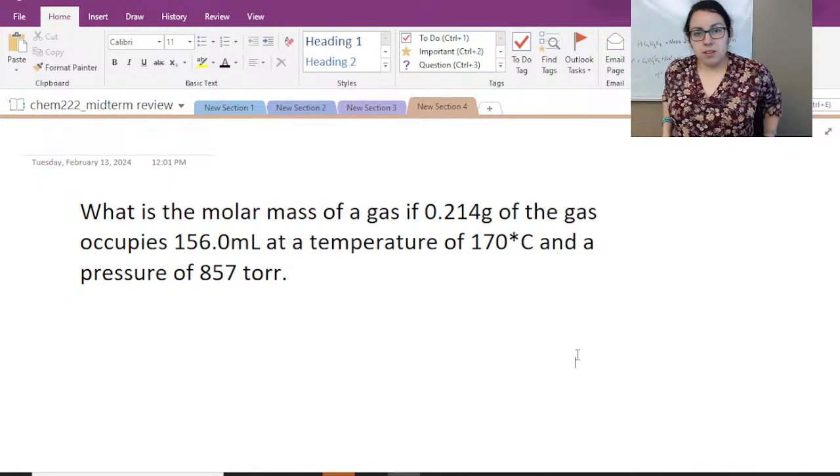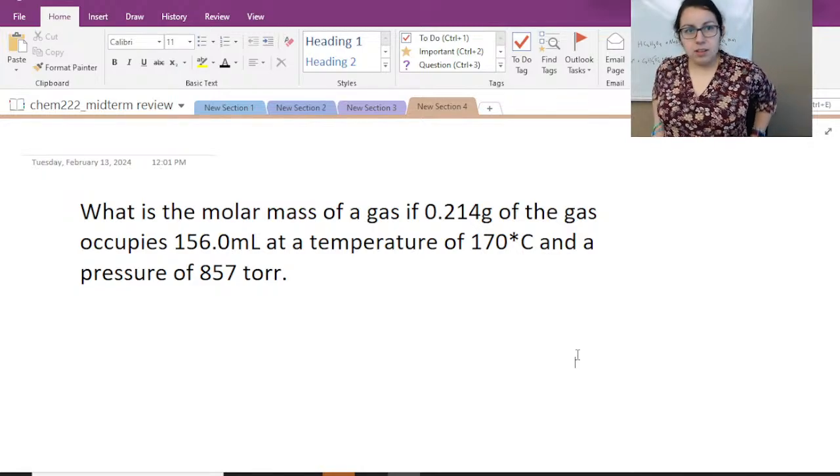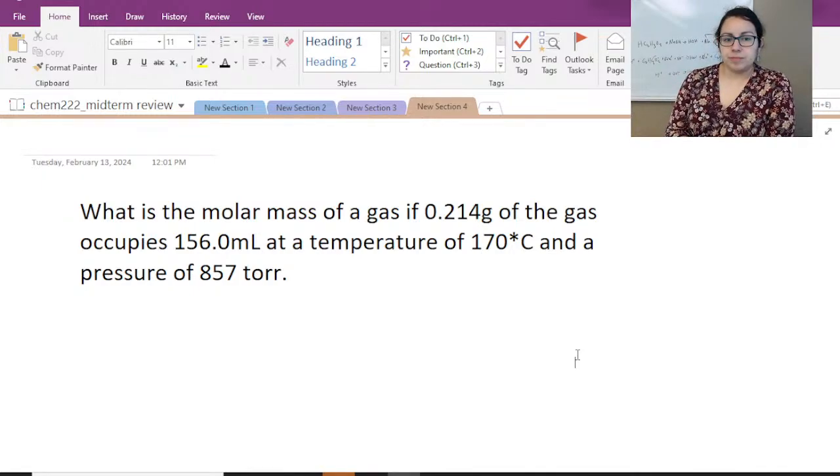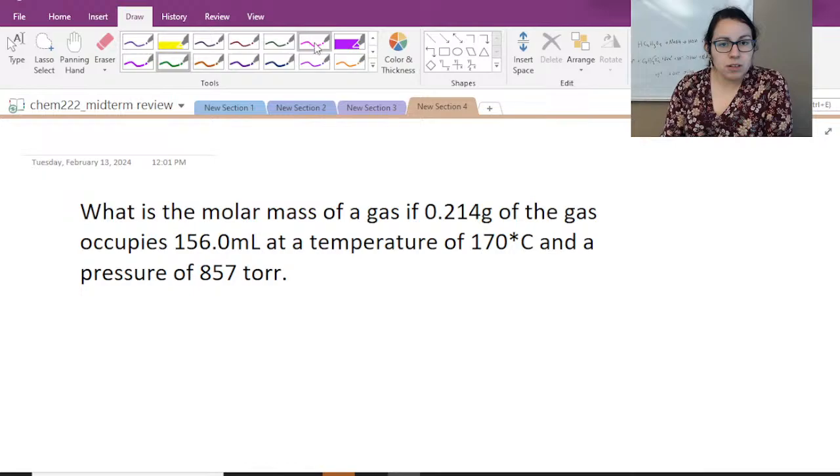So what formula did we use for this one? What did you say, the gas laws? Which one? Ideal, so PV equals nRT. That sounds good.